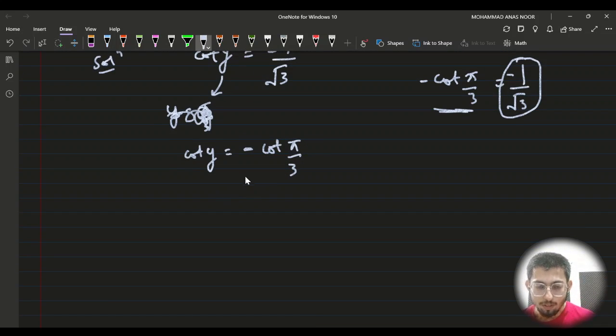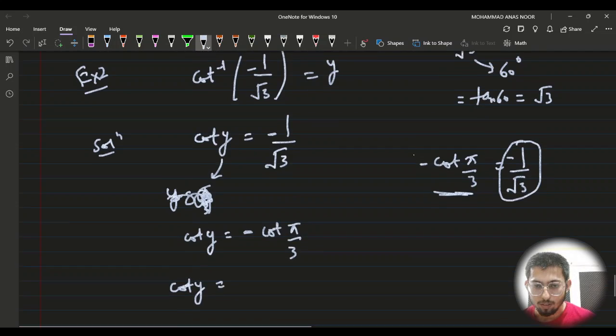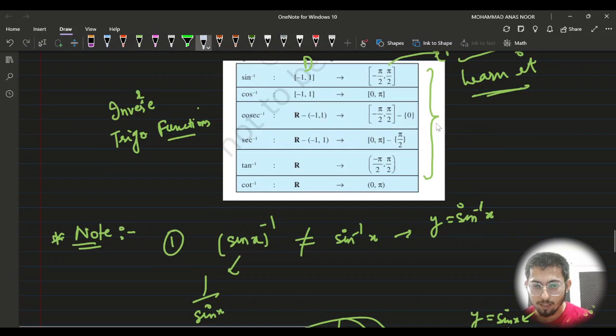Now you will have to find some means. How do you do that? You will use the trigonometric rules here. First of all, one thing that you should remember is for the cot function, the principal value range is from 0 to pi, right?